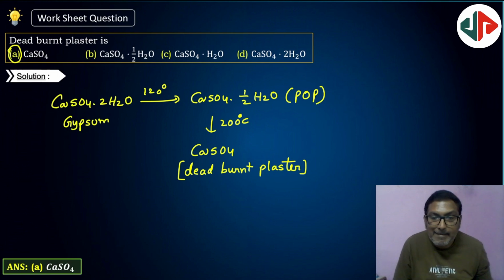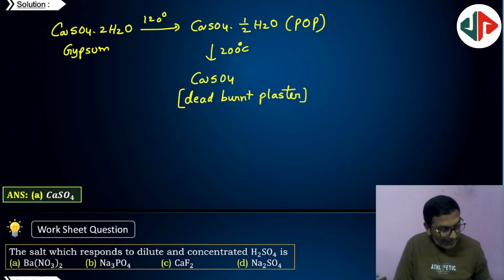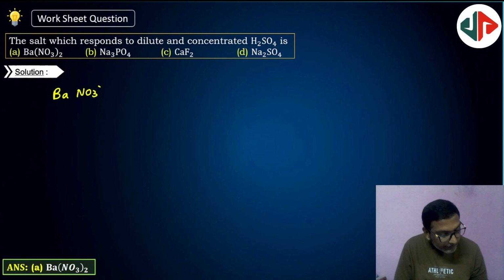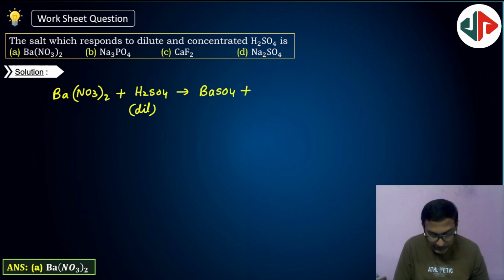Next question. The salt which responds to dilute and concentrated H2SO4. Here barium nitrate, Ba(NO3)2 plus dilute H2SO4 will form BaSO4 plus 2H plus plus 2NO3 minus.